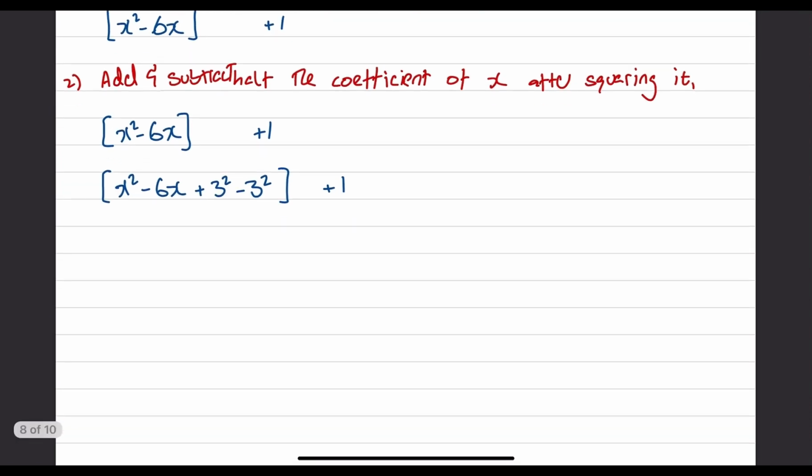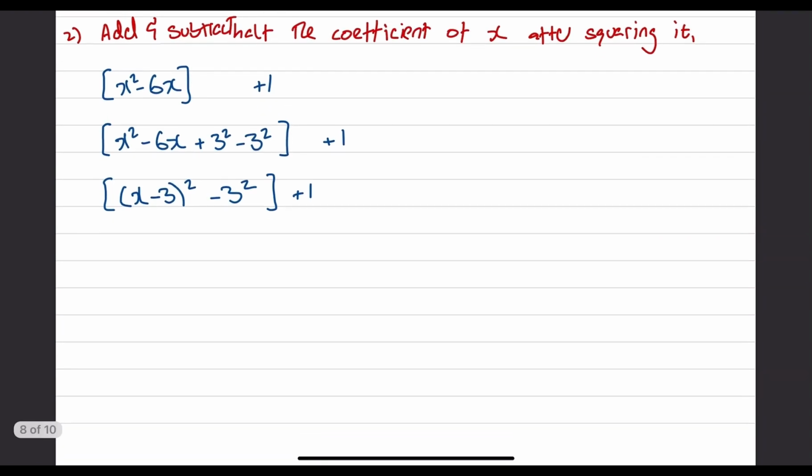So we can collapse this into x minus 3 whole squared, and this stays the same over here. Of course, it goes without saying that the sign in between these two numbers will also be the sign that your x coefficient has, plus 1.